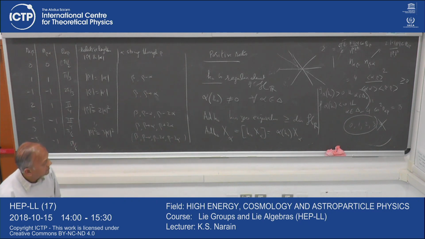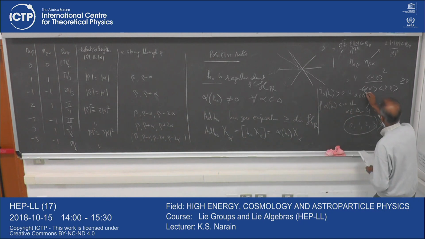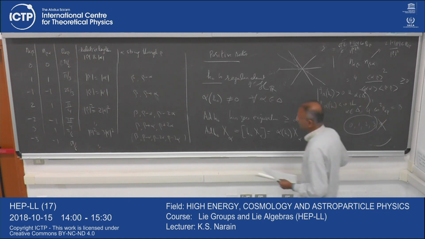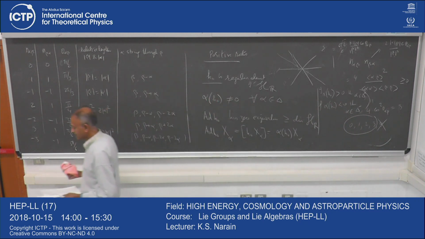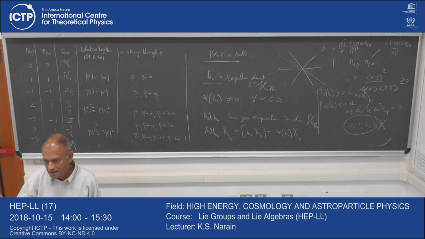So delta plus in the notes we have put here as a superscript. Okay, those are the positive roots. Now we need to have a definition of simple roots. Because like in SU3, you remember when we defined these positive roots, we had alpha 1, alpha 2, and alpha 3. But alpha 3 was the commutator of alpha 1 and alpha 2.